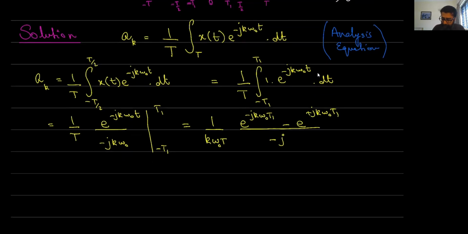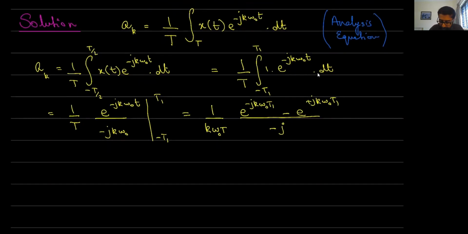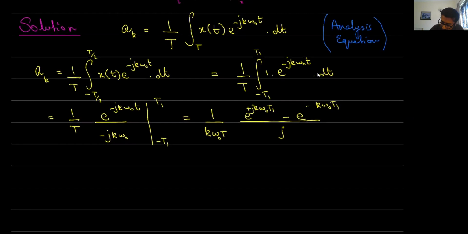And from here I can change the signs. I can get rid of this minus sign here, because of which I'd have to get rid of this. This becomes plus, so e raised to the power plus j k omega naught t1 minus e raised to the power minus j k omega naught t1.